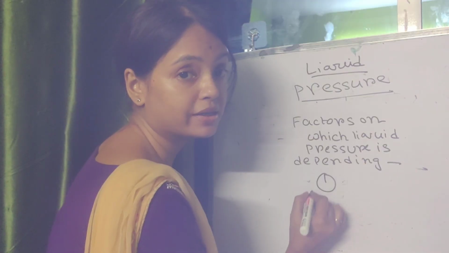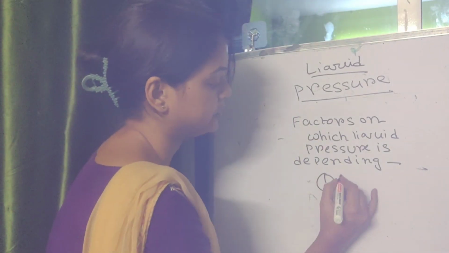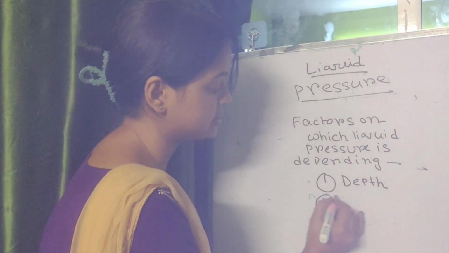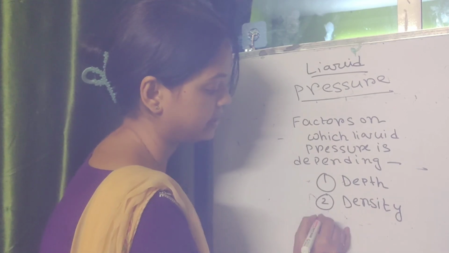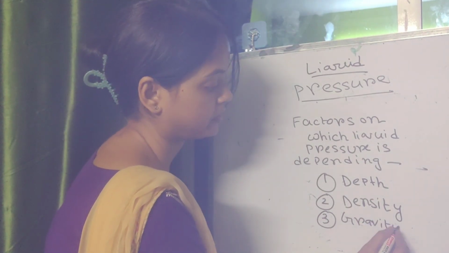Number one is the height of the liquid level, or depth. Number two is the density of the liquid, and number three is gravity.